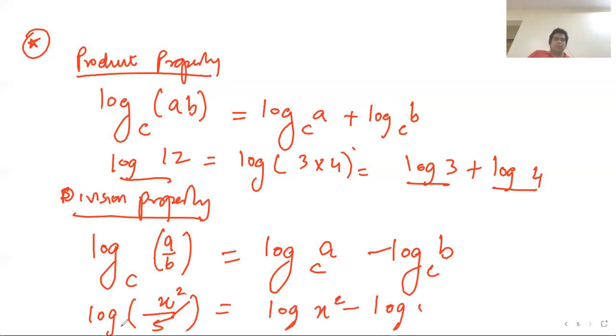And if there is no base, by default the base is 10. Remember that you don't need to write it every time. So you can bring this down here. So this can be written as 2 log x minus log 5. So these are some of the basic skill building properties of the log topic.